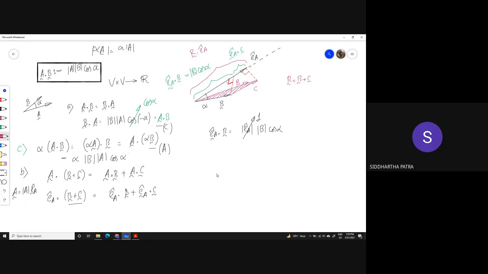What we see is EA dot R, which is B plus C, obeys the distributive law.